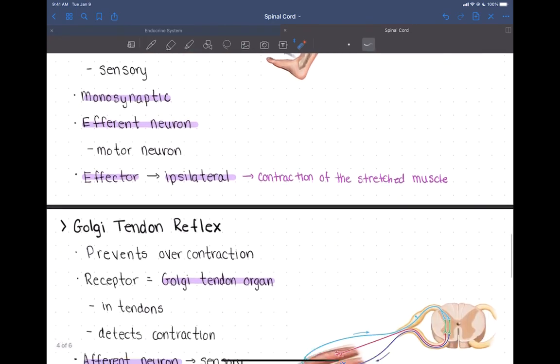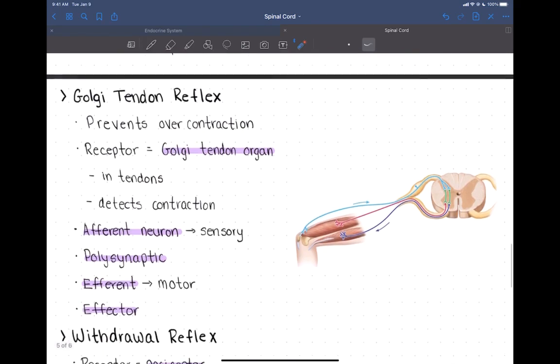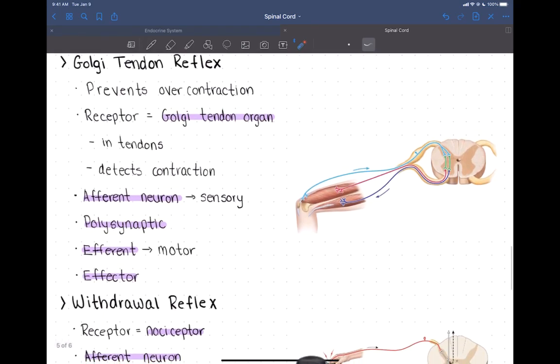Our next type of reflex is called a Golgi tendon reflex. The Golgi tendon reflex is kind of the opposite of the stretch reflex. The stretch reflex prevents muscles from stretching too much, and the Golgi tendon reflex is going to prevent muscles from over-contracting.